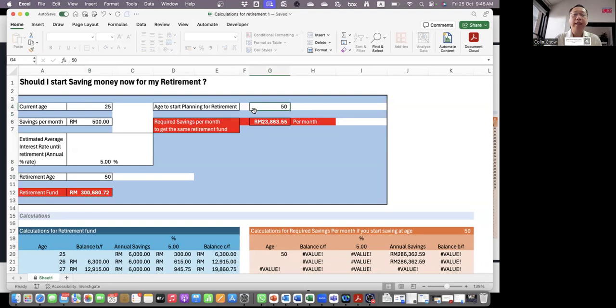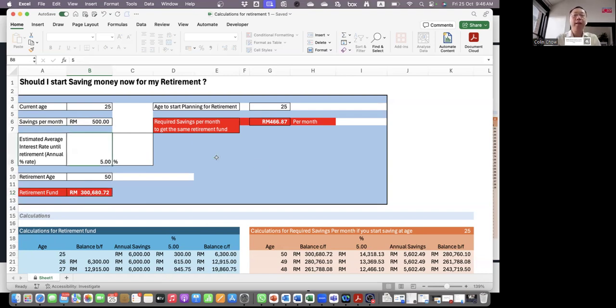The age that he starts planning for retirement is 25, and if he's only able to save say 500 ringgit a month, what he'll get at the end of the day when he retires will be 300,680 ringgit at 5% interest rate.